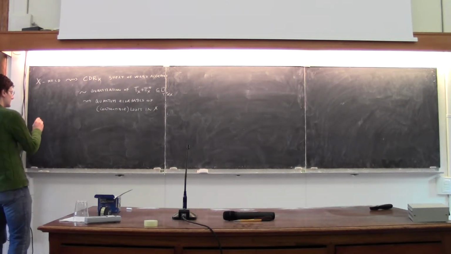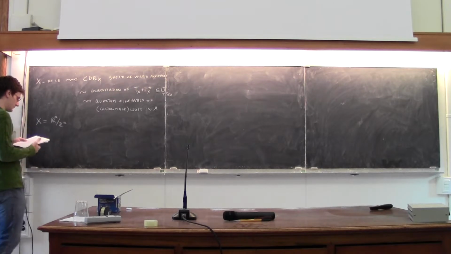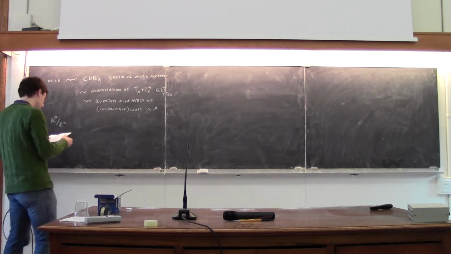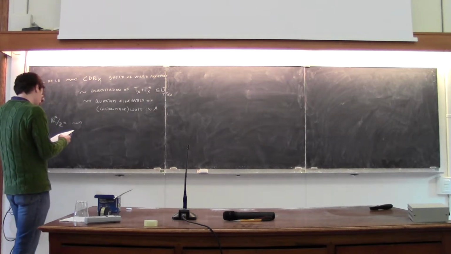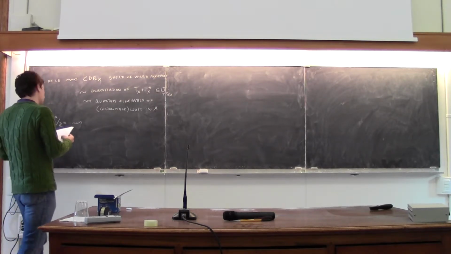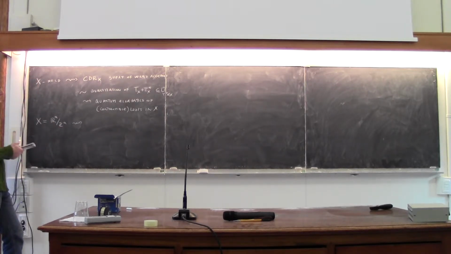Now, if the loops are not contractible, then we saw two examples. One, that of the torus, and in that case there are several ways of quantizing this.